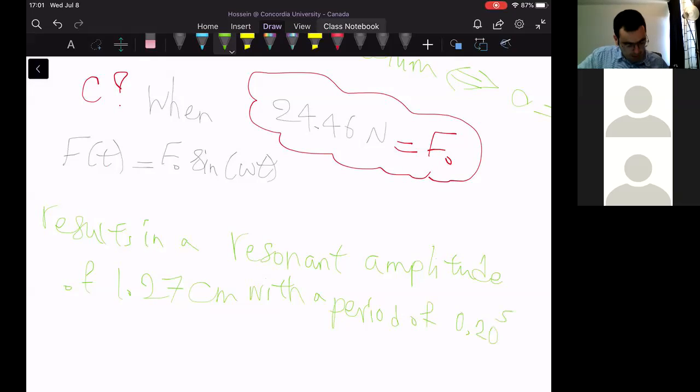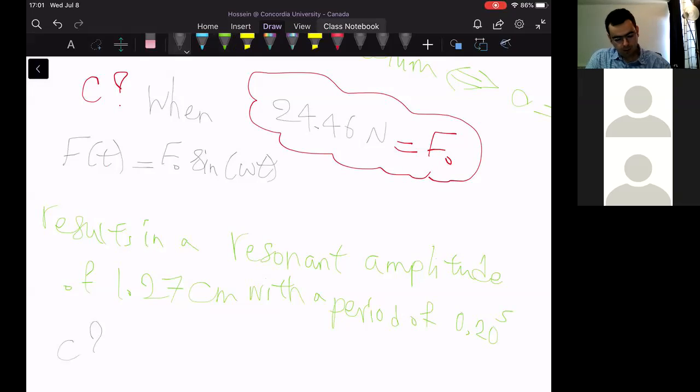So basically we have to calculate the damping coefficient when this system is subjected to a harmonic force of 24 Newton, which results in a resonant amplitude of 1.27.